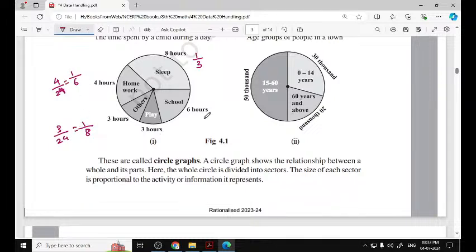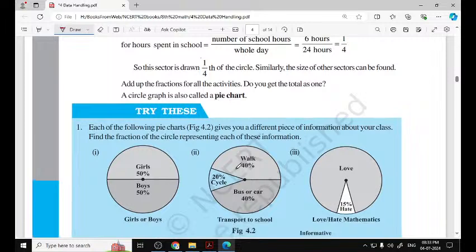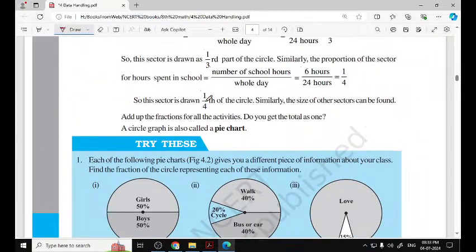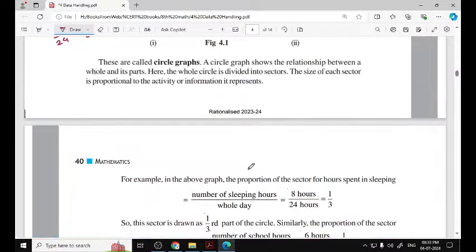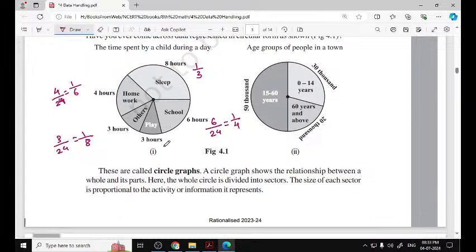This is also 1/8, and this one is 6 upon 24, that is 1/4. So this sector is drawn 1/4 of the circle. Similarly, the size of other sectors can be found.